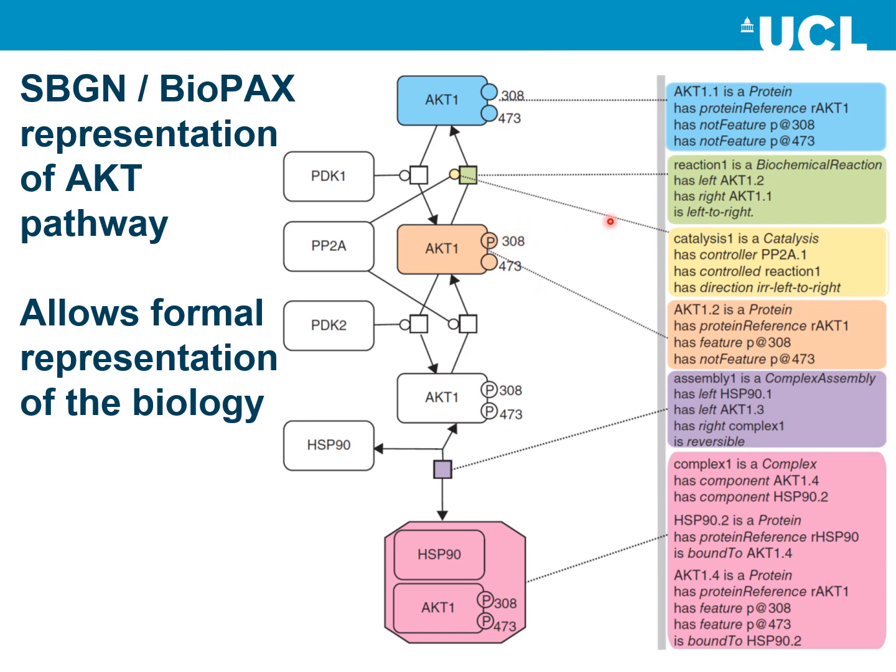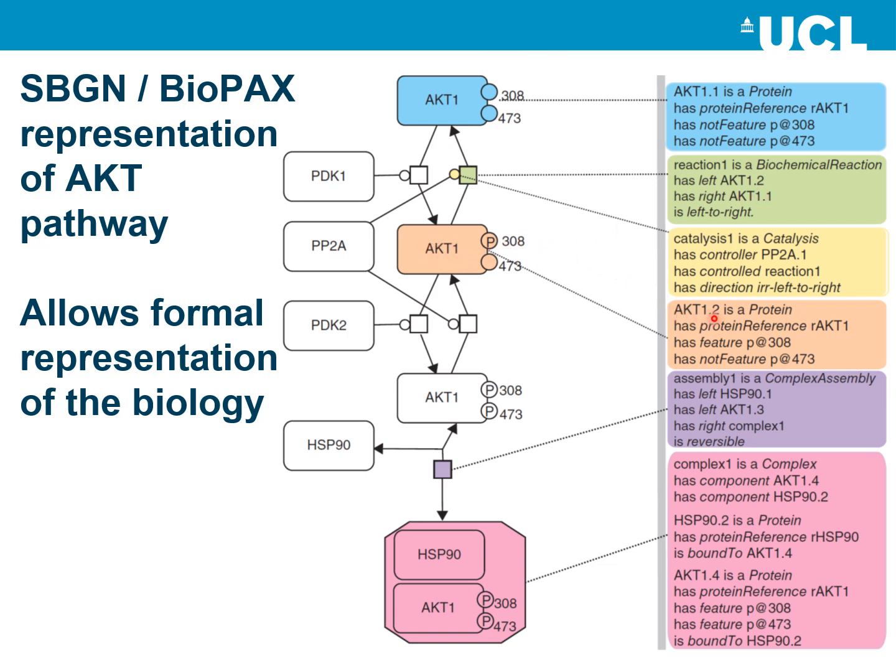How is this all described? Well, AKT1.1 is a protein. It has protein reference AKT1, has not feature phosphate at 308, has not feature phosphate at 473. This is a biochemical reaction. It has left AKT1.2, so it's this one.